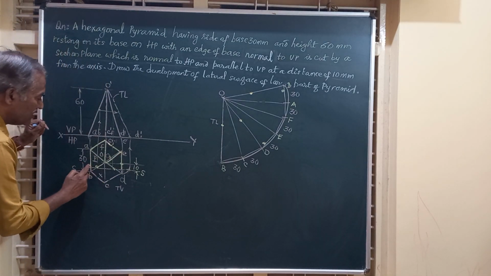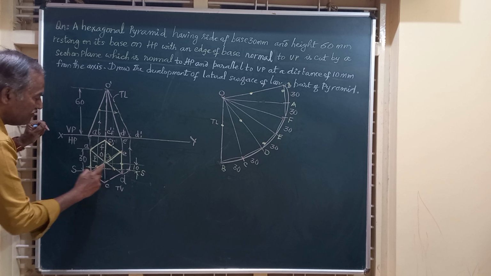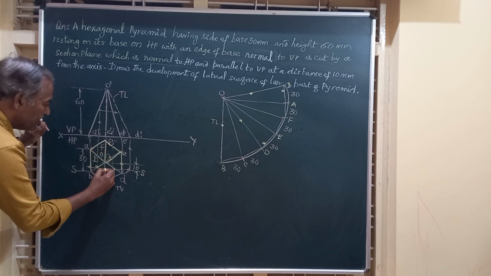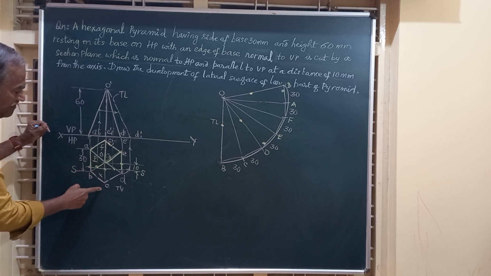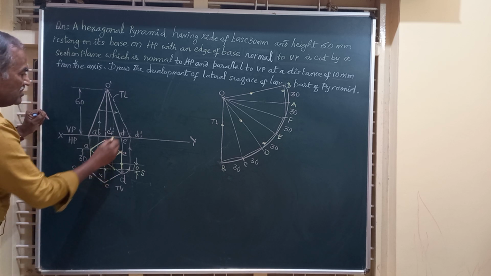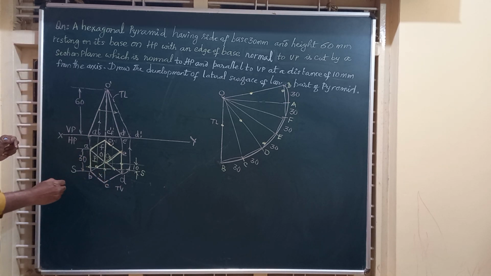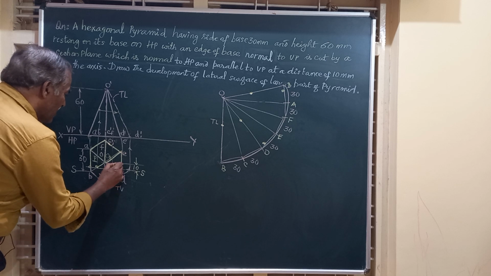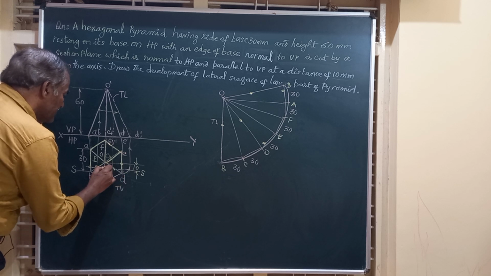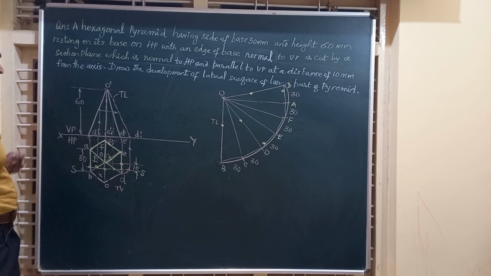So friends, we have got point 1, point 2, point 3, point 4, and you remember even this slant edge OC is also cut here. To know exactly where it is cutting, we have to make that line horizontal from here, that is, with this as center, it is already parallel to that.